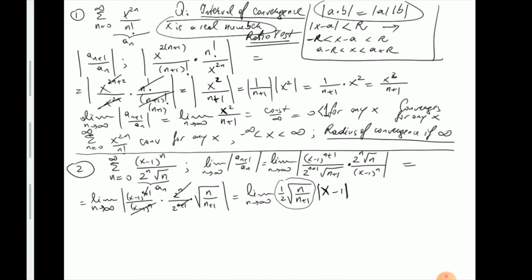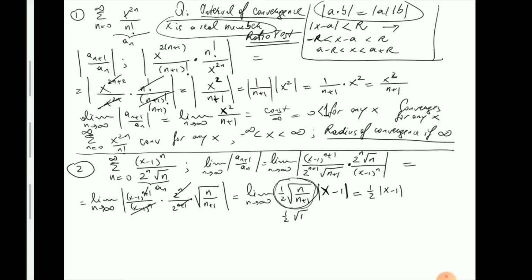As n goes to infinity, the part that depends on n converges to 1 over 2 square root of 1, right? n over n plus 1 goes to 1. So basically the entire limit here is going to be 1 over 2 absolute value of x minus 1. All right, so let's not rush this.